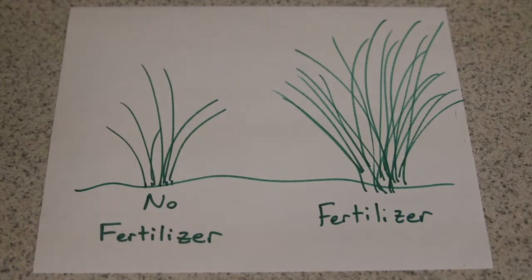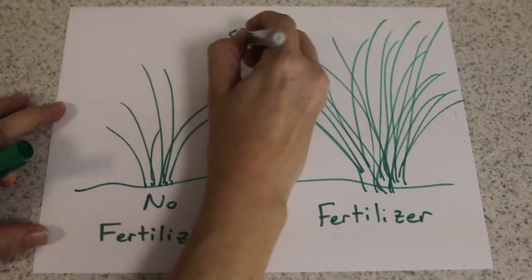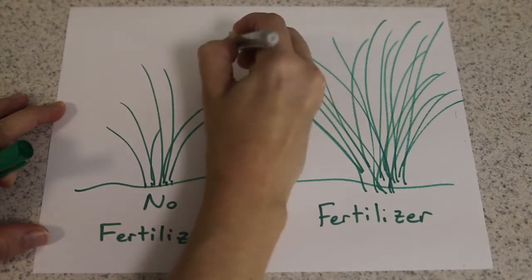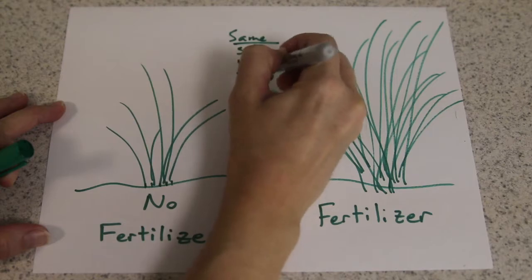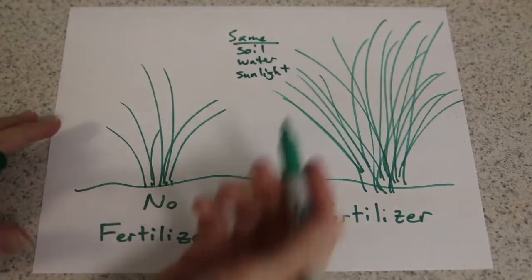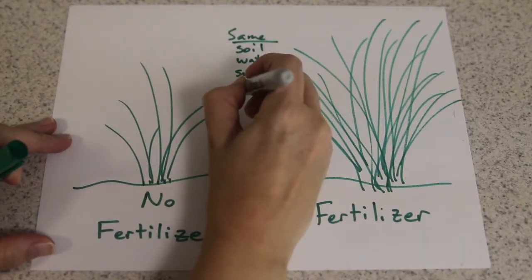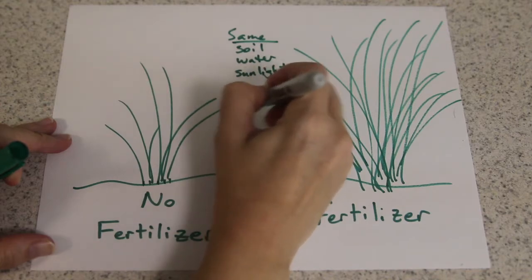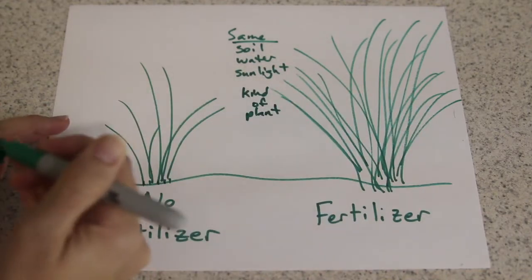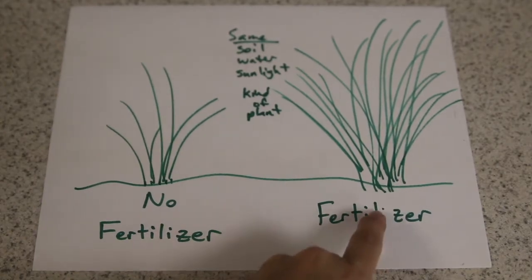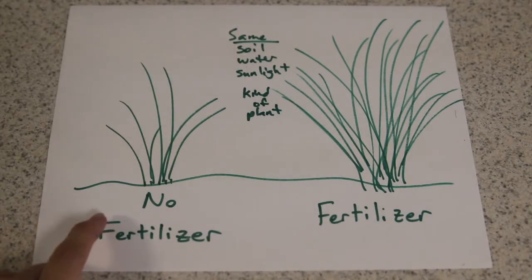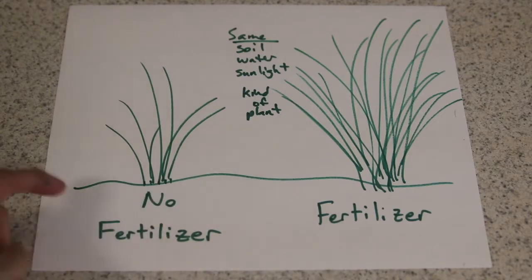So same soil, same water, same sunlight, and I used the same kind of plant. I just picked some sort of tall grass plant. So if everything's the same, but I added the proper amount of fertilizer to this one and no fertilizer here, after a couple of months, I would expect this one to grow more than this one.